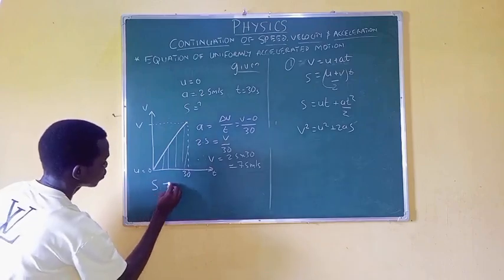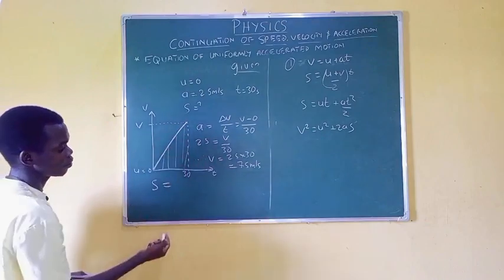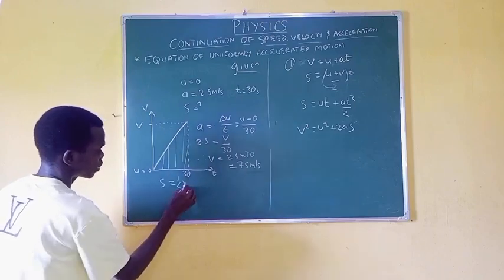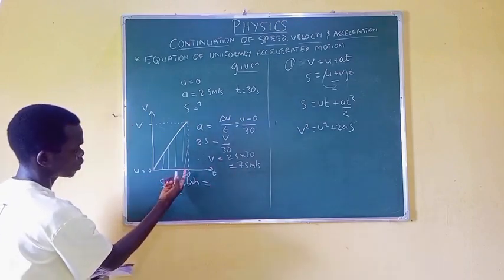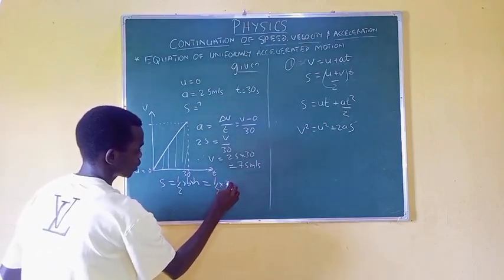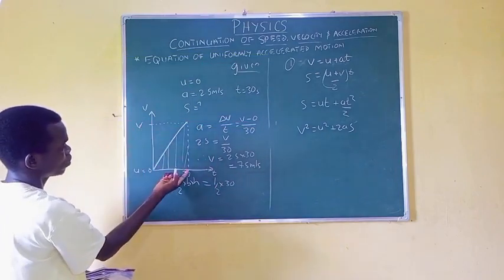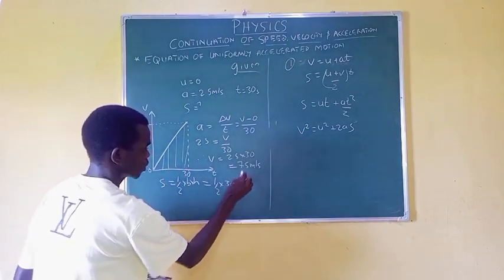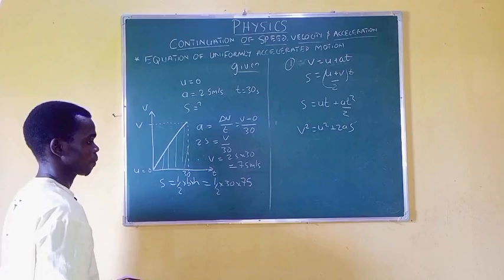The area under the graph, if you look at the graph, is a right-angled triangle. We now have 1 all over 2 times the breadth times the height, which is 1 all over 2 times 30 minus 0, times the final velocity minus 0, which is the height, times 75.